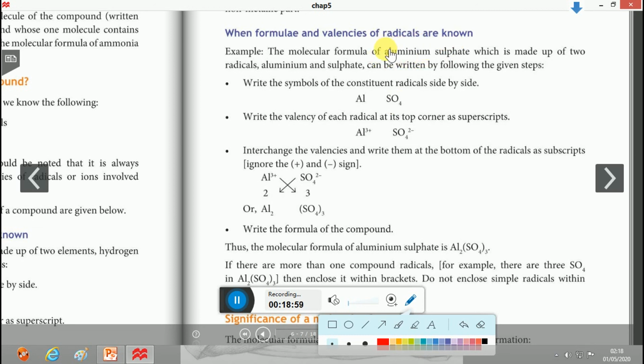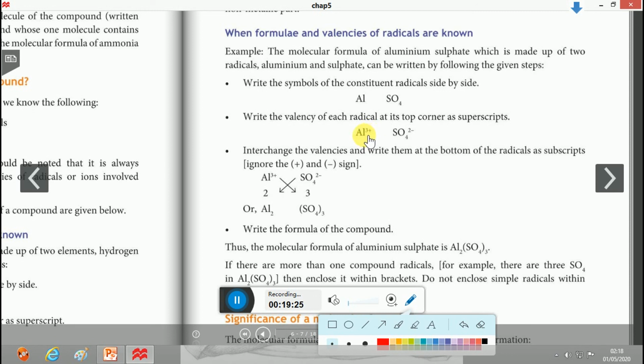As aluminum is mentioned first, it is the basic radical and sulfate is an acidic radical. So it should be written side by side, starting from aluminum Al, since it is a basic radical. Then you have to write the valency on the top corner as superscript, Al plus 3.